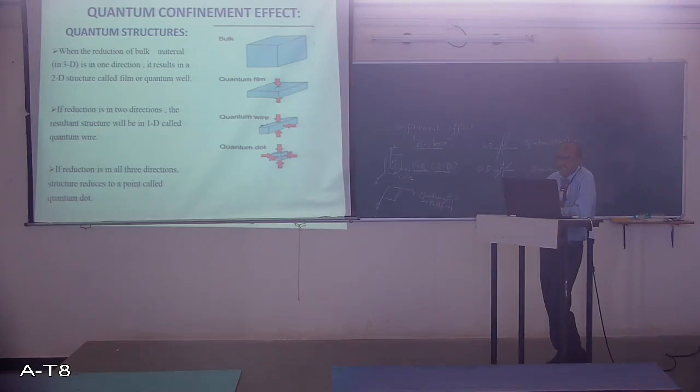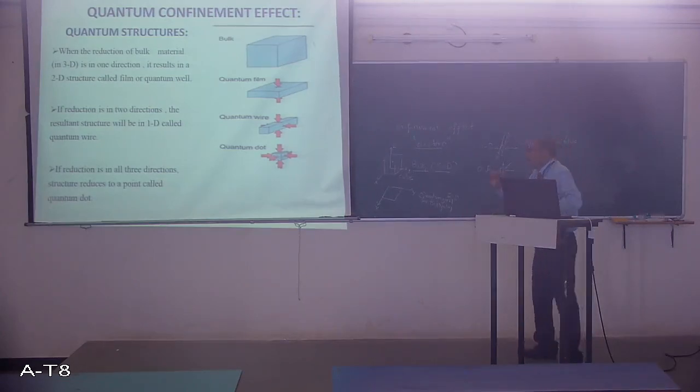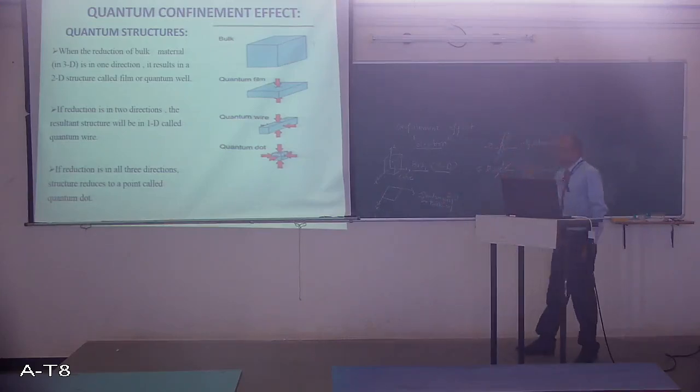It means the electron can easily move along the X coordinate. But in the case of a quantum dot, we have already removed all three coordinates. It means the electron is present in a very, very small space.